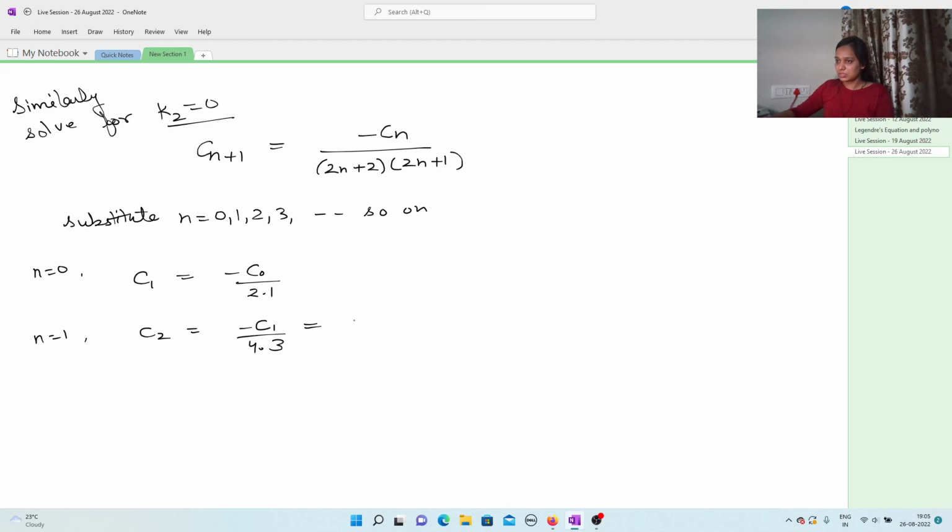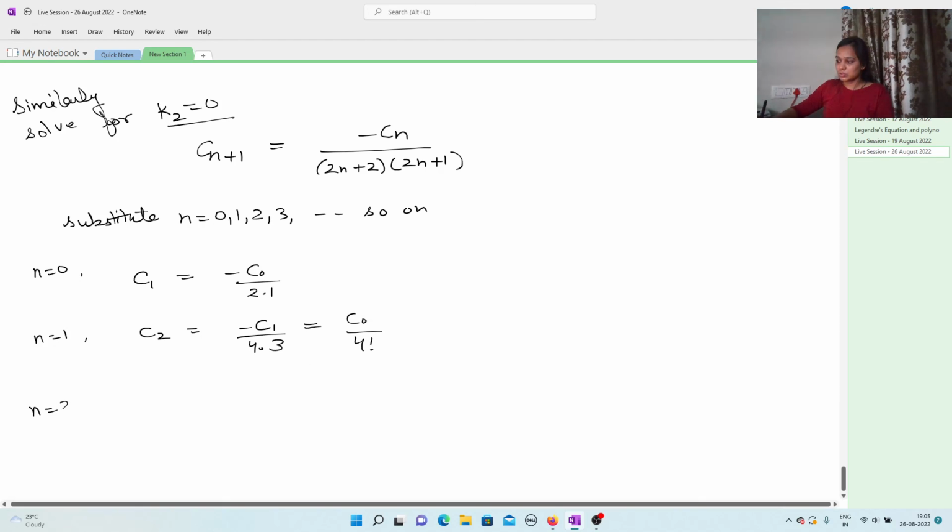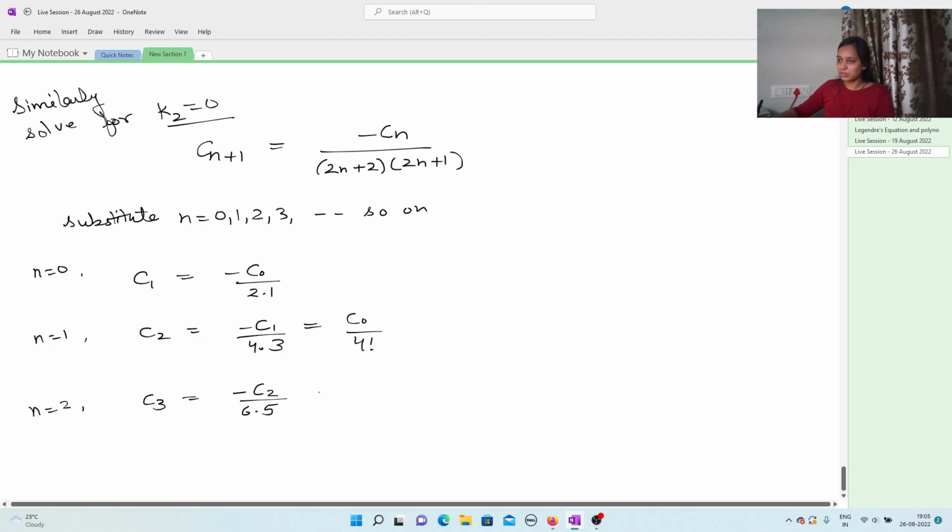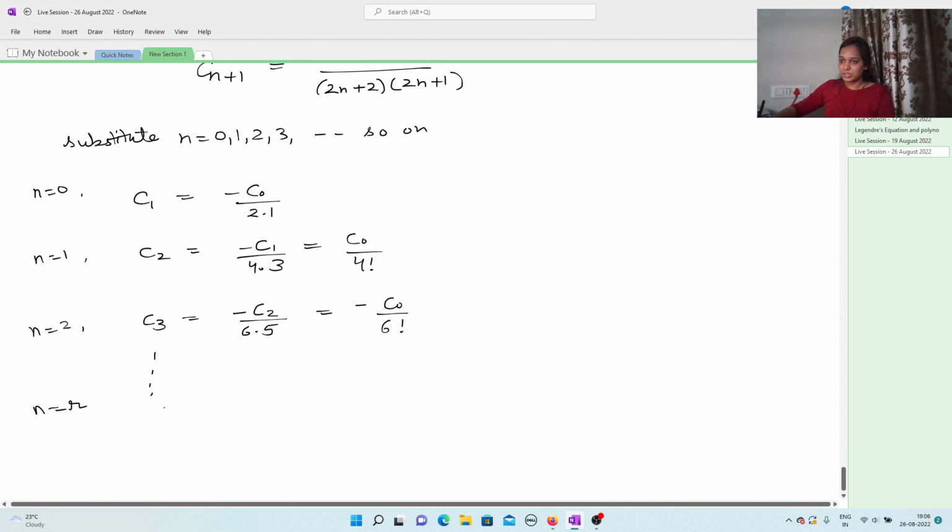And this can be written as C0 over 4 factorial. For n equals 2, we can write C3 as minus C2 over 6 into 5. So this becomes minus C0 over 6 factorial. And in a similar way, when n equals r, we can write Cr equals minus 1 to the power r C0 over 2r factorial.